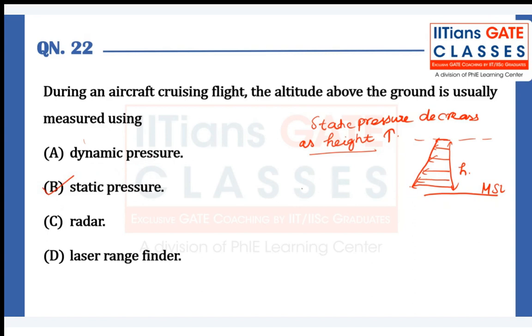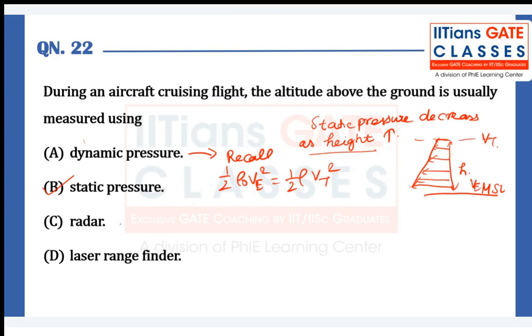Dynamic pressure cannot be used the same way. Recall our expression: half rho naught V equivalent squared is equal to half rho V true airspeed squared. This is the equivalent airspeed, and this is the true airspeed. The dynamic pressure has to be equal at altitudes.